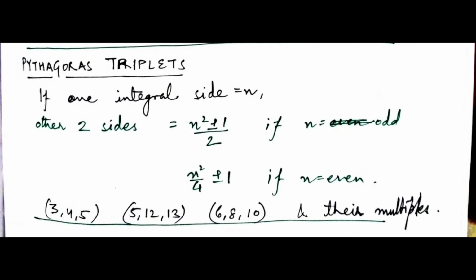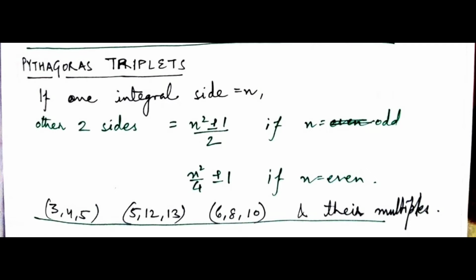Now, Pythagoras theorem, we know in a right angle triangle, the square of the hypotenuse is equal to the sum of the squares of the perpendicular sides. Pythagorean triplets can be derived if one of the sides n is an integer, and when it is odd, then the other two sides are (n square plus minus 1) by 2, and when n is even, the other two sides are n square by 4 plus minus 1.